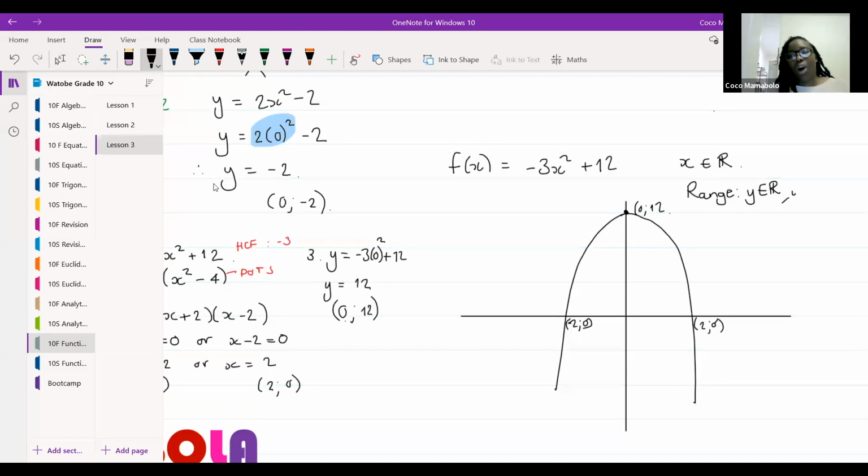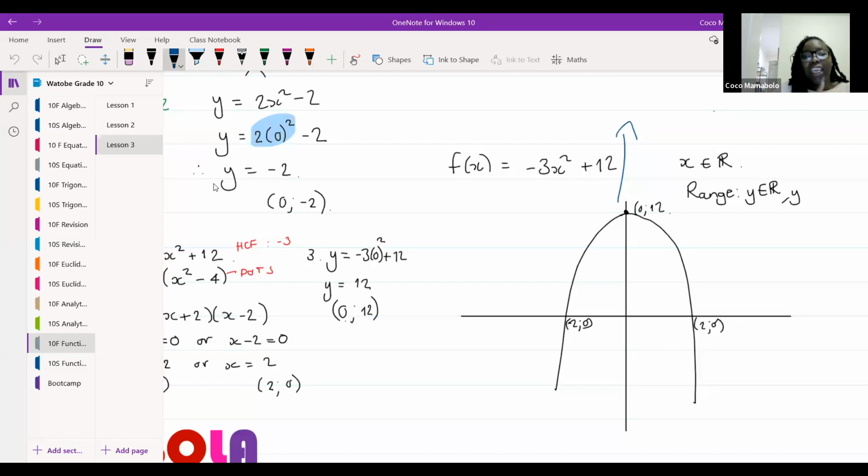but y needs to be what? That's it. Good. If you say that y needs to be greater than 12, you're telling me that my graph is up there. So can my graph actually be greater than 12? Is it bigger than? No, it's not.